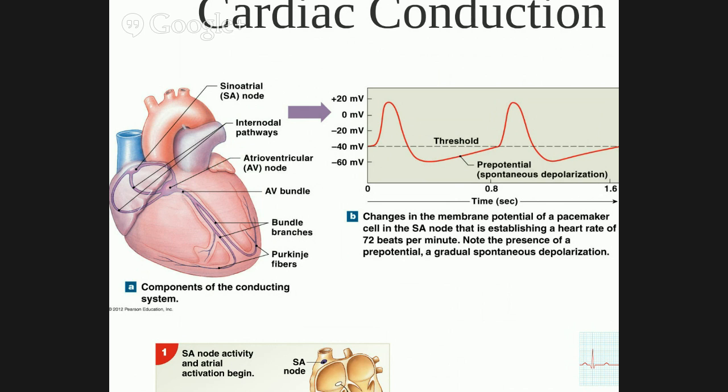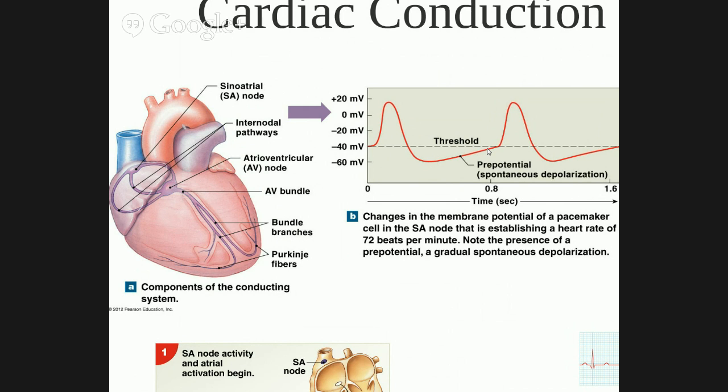They do all of this on their own, and they're always spontaneously depolarizing in between action potentials leading up to the next one. The amount of time it takes for it to spontaneously depolarize, which in this, we go from the beginning of one action potential to the beginning of the next action potential, is 0.8 of a second.